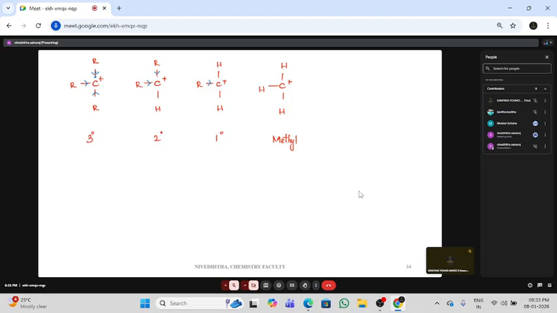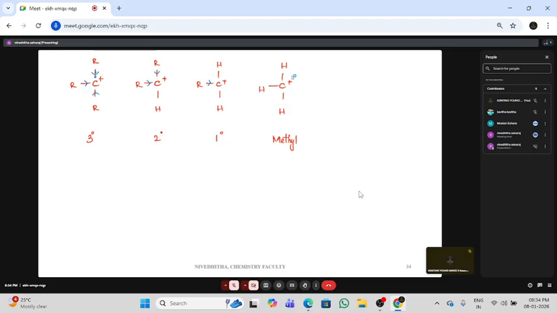Now tell me, among these carbocations, which carbocation will be stable? Carbocations are unstable because of their electron deficiency. As far as the tertiary carbocation is concerned, we have 3 R groups to push the electron towards the carbocation. So which will be stable among primary, secondary, tertiary and methyl? Tertiary is more stable because in tertiary we have 3 R groups to push the electron towards the carbocation.